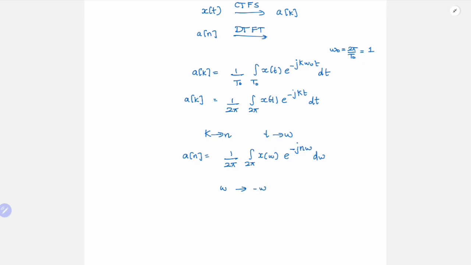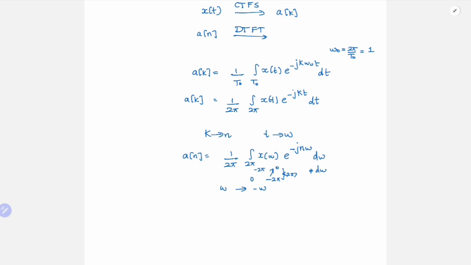Replacing ω with minus ω, my integral will also change because this coefficient also will change. I'll get a minus dω here, and here, let's say if it was 0 to 2π, I'll get 0 to minus 2π. Then this will become positive and I will be getting minus 2π to 0. That way I am still over an interval of 2π, and it is in increasing order.